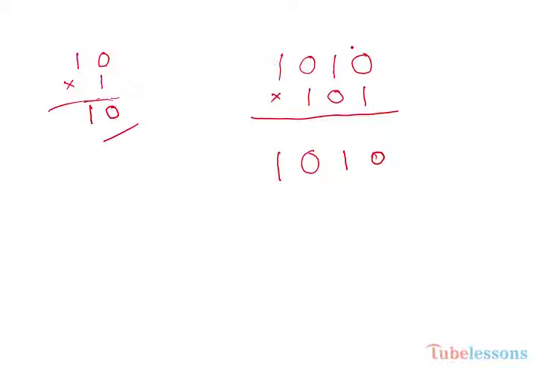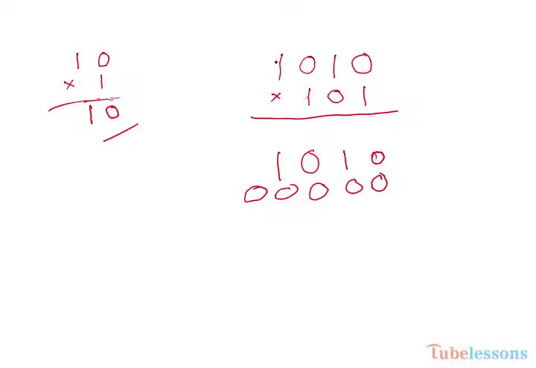Now multiply all the digits of the top row by the 2's place digit of the bottom row. So we need to leave one place when we multiply with the second place number. So now 0 times 0 equals 0, 1 times 0 equals 0, 0 times 0 equals 0 and 1 times 0 equals 0. Now this is the fourth place number.